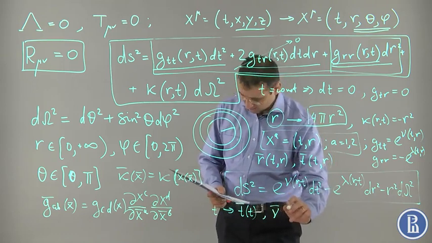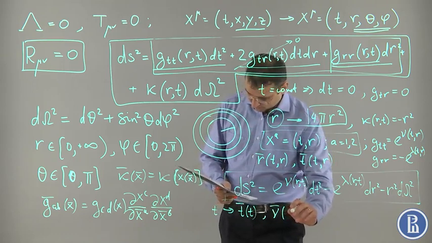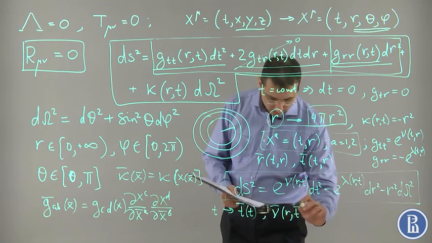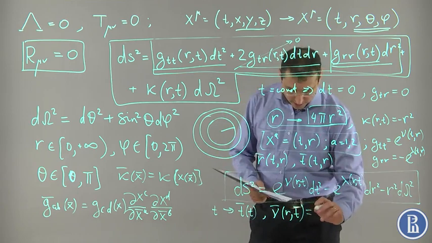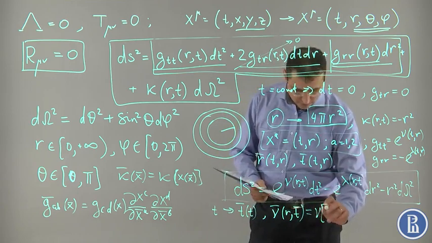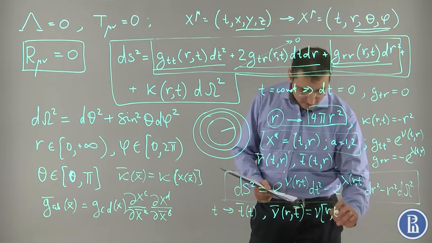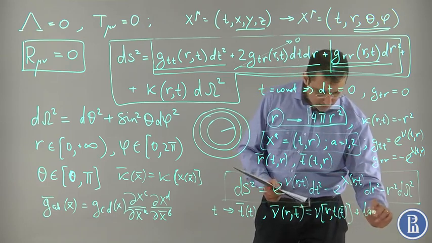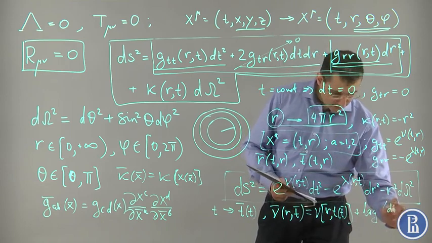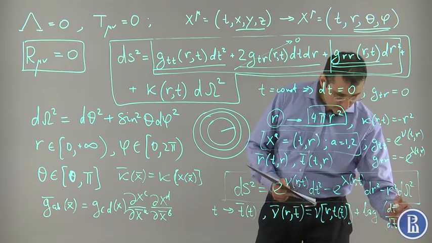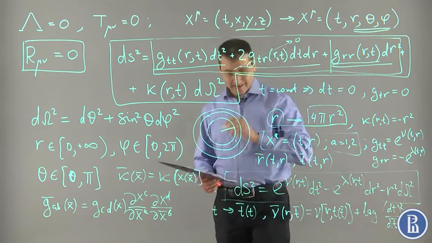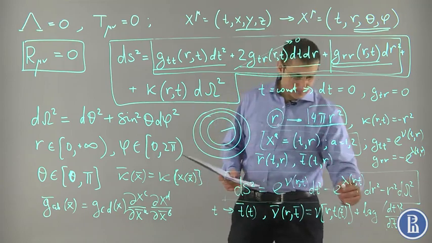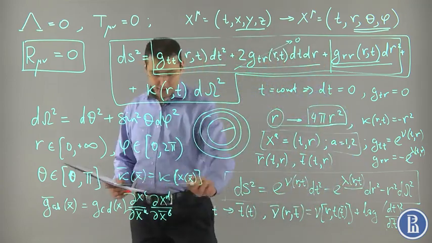So nu bar as a function of r and t bar is just the original nu as a function of r, t(t bar) plus log (dt/dt bar) squared, and lambda transforms as a scalar. Lambda transforms similarly to this.